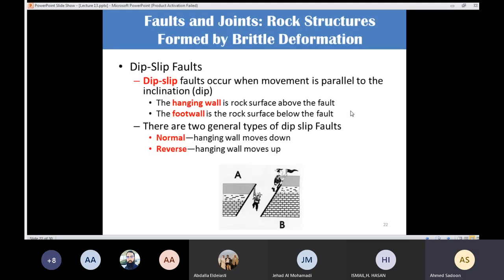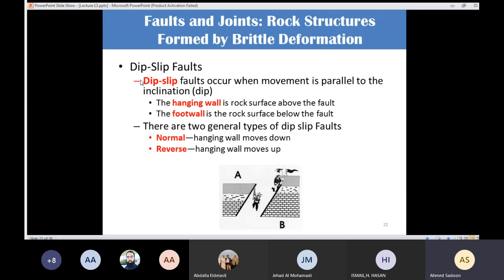So the first type of the faults, we are going to call it dip slip. Slip means displacement. So in this type of the fault, we are going to have displacement associated with the dip.